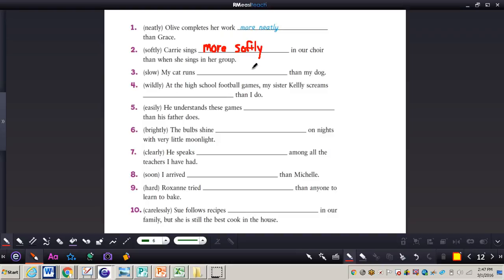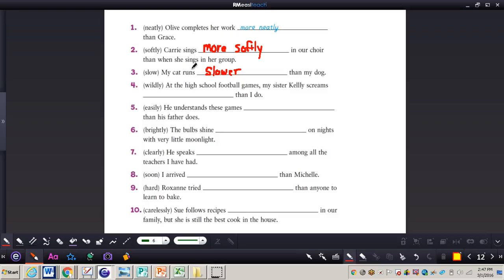Number 3 says my cat runs blank than my dog. Since it's just slow here, we have slower than my dog. Once again, slower, modifying runs, talking about how the cat runs slower than my dog.